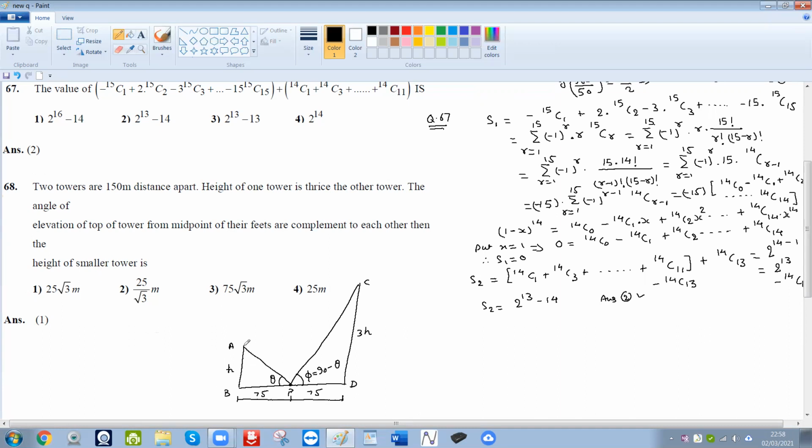So we apply simple trigonometry to the two triangles.